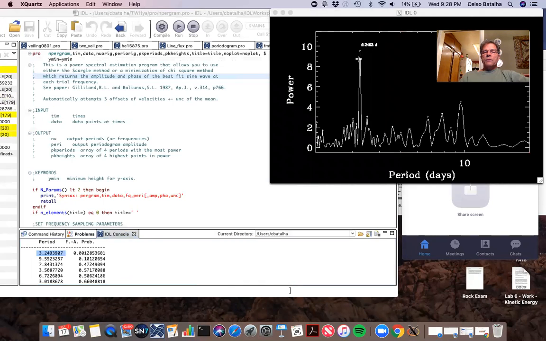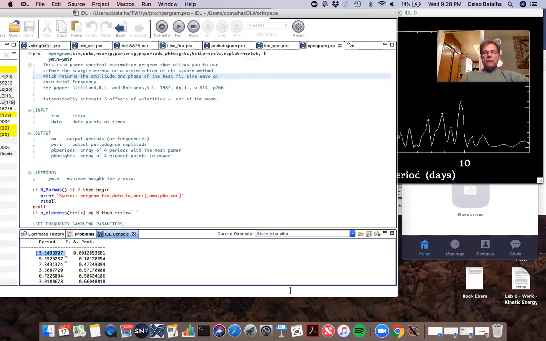And that's what is being shown here. So that's the power versus the period in days. I do a search in various possible periods, and the one that gives a higher power is the one at this particular day, and that is the one that is listed here.